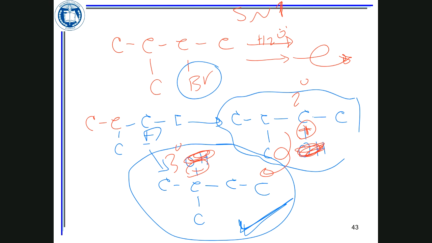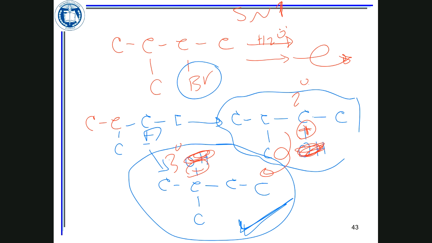What is the benefit? You're looking for a stable carbocation, and going from secondary to tertiary is more stable. That is expected to happen because when you have a carbocation, there's a possibility for it to change to tertiary.